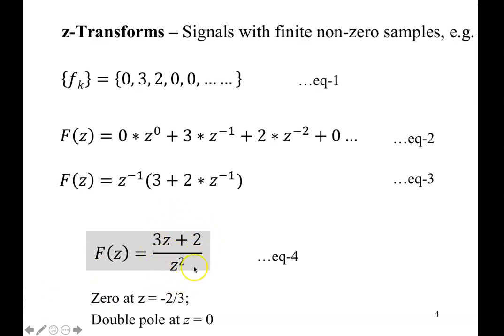So for equation number 4, the Z transform of F of z here, equate the numerator to 0, 3z plus 2 equal to 0. That will give me minus 2 over 3. That's my zero, so I have 1 zero there. Equate the denominator term to 0, that's z squared equal to 0. That will give me 2 poles at z equal to 0.